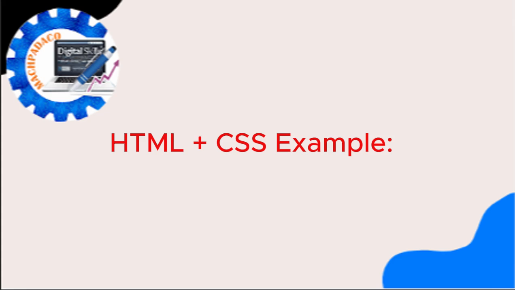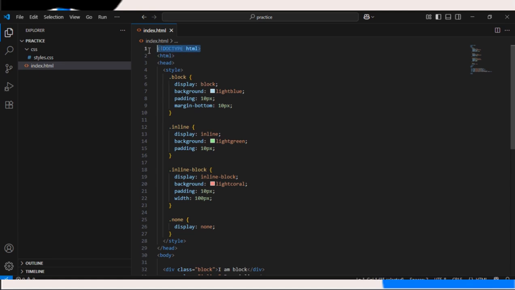In the HTML coding environment, we write our doctype HTML. Then below it we have the HTML open tag, and then we have the internal CSS styling, and we have the style open tag.